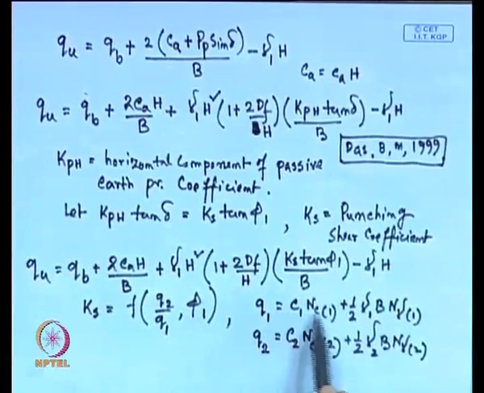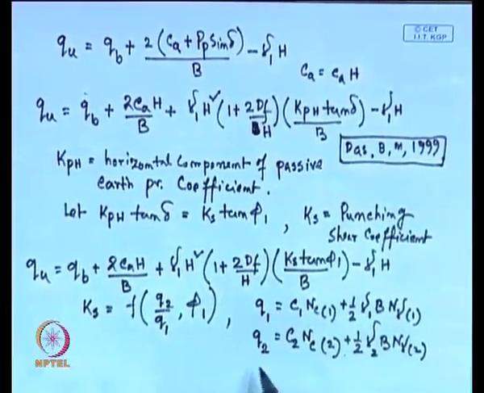So, for the same material properties, this Q1 is the bearing capacity of the first layer for the surface loading, and Q2 is the bearing capacity of the second layer, again for the surface loading. Here we are not applying any correction factor, this is in the general form.